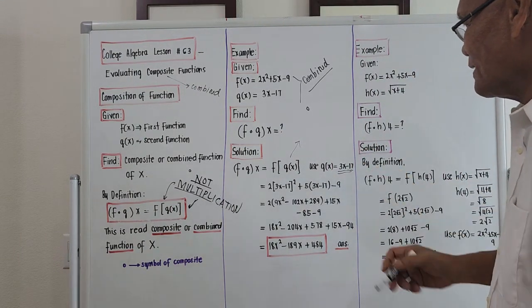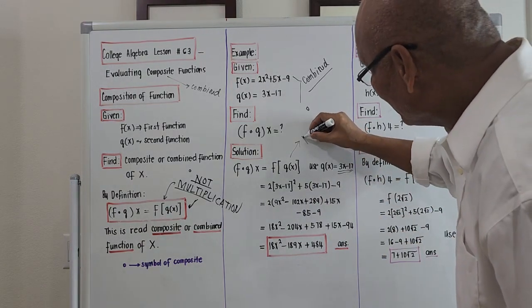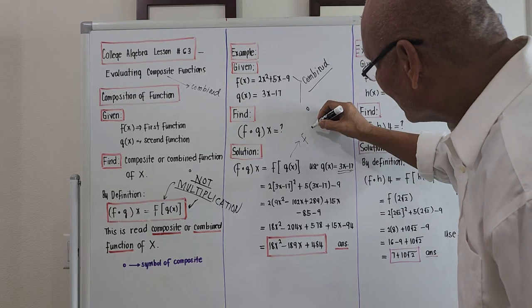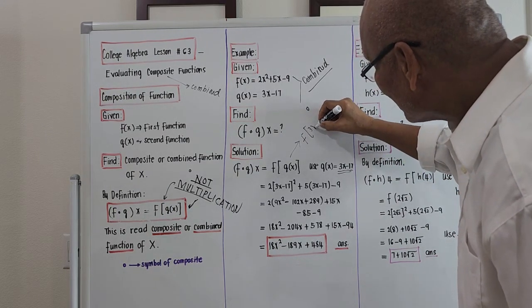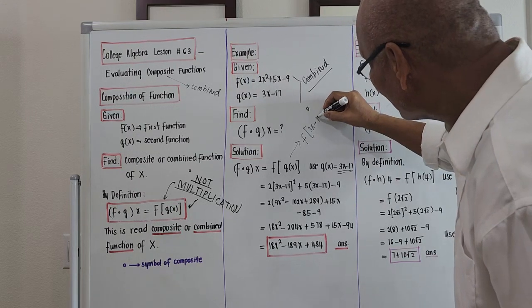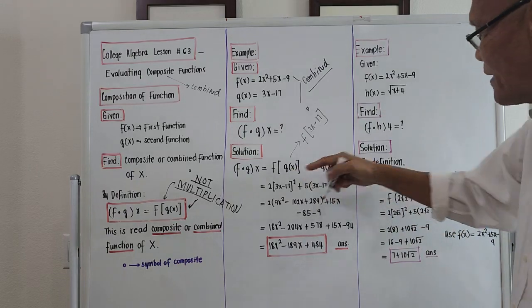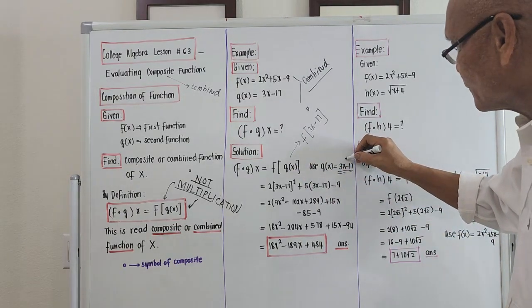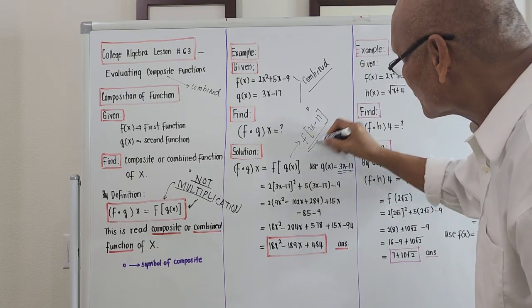So this will now be equal to f of, g of x is actually 3x minus 17. For g of x, we will substitute its value to be 3x minus 17. Then try to simplify this one.